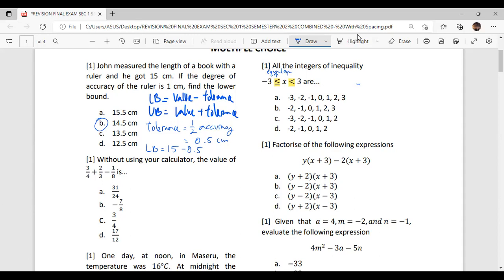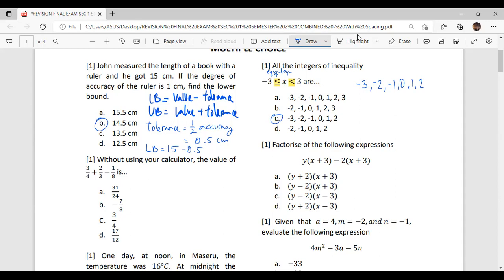You consider -3 as the x, and x is -3 or above, right? -2, you increase the number, -1, 0, 1, 2. That's all. Why? Because 3 is not included, since we don't have the equal sign. So the answer will be C.